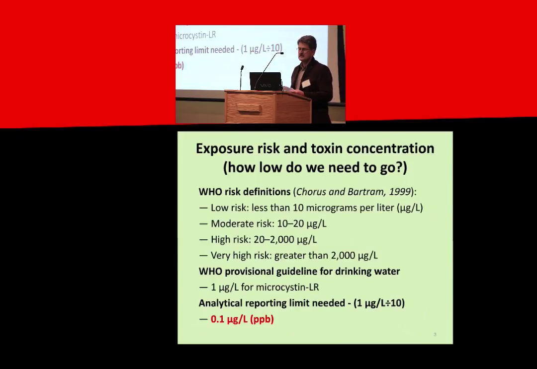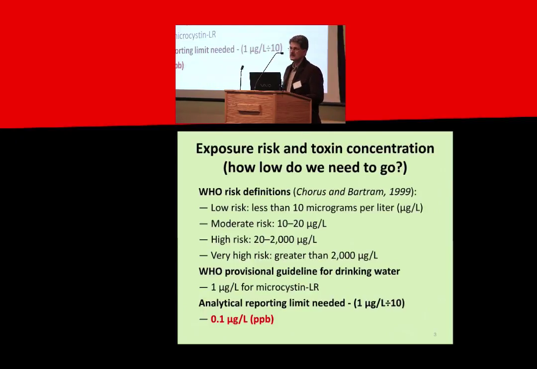Kim also mentioned this. The World Health Organization has assigned risk levels to different concentrations between low risk and very high risk, running from 10 micrograms per liter to 2,000 micrograms per liter, which is parts per billion. And they also have a provisional guideline for drinking water.